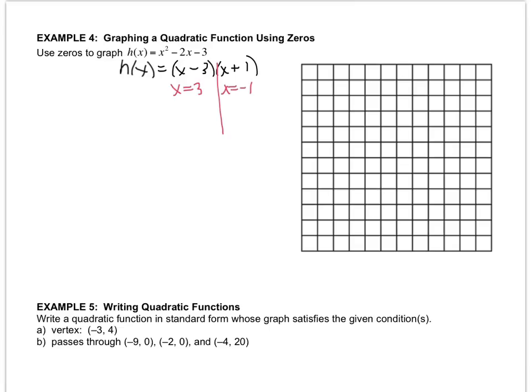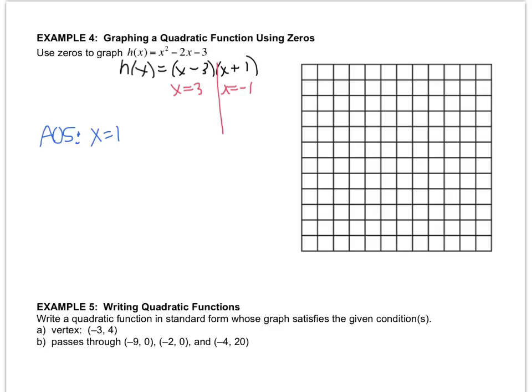Now I have to find the axis of symmetry. Well, the axis of symmetry is halfway between -1 and 3, so that's going to be an x value of 1. So I'll write axis of symmetry equals x equals 1. So that's where the axis of symmetry will be. I don't want to get it confused with an intercept, so I'm writing axis of symmetry.